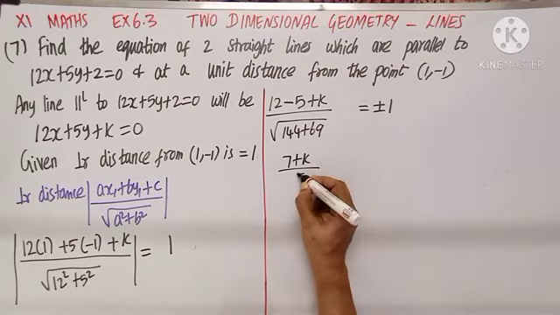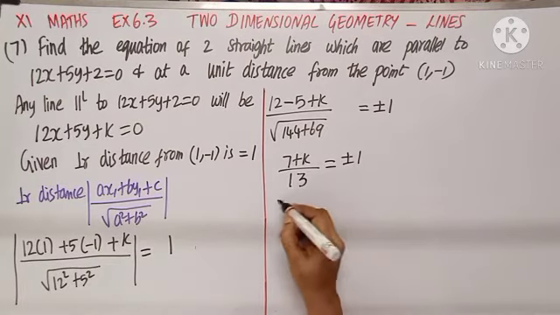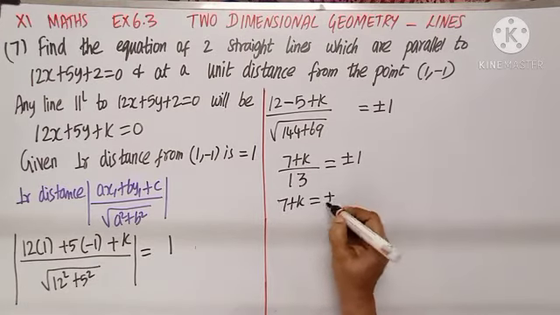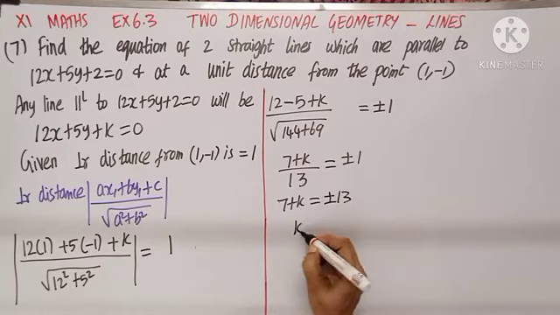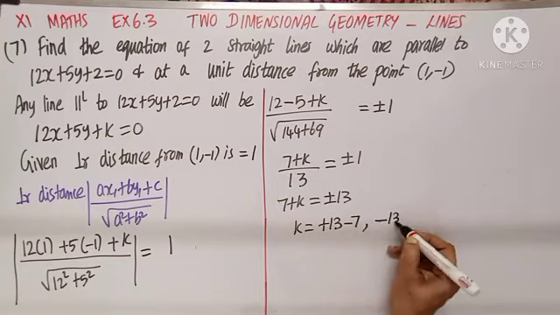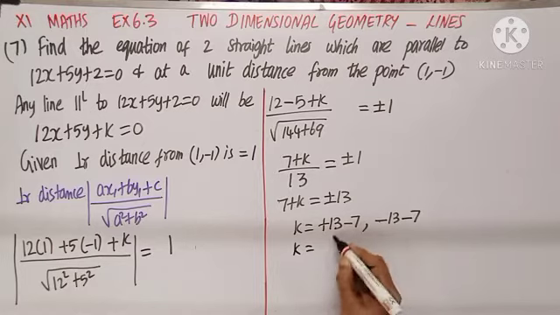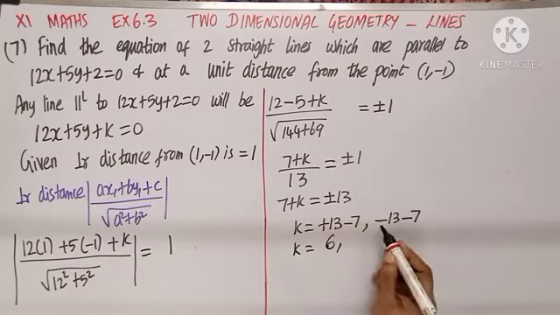(7 + k)/13 equals plus or minus 1. 7 + k equals plus or minus 13. k equals 13 - 7 or -13 - 7. So k equals 6 or -20.